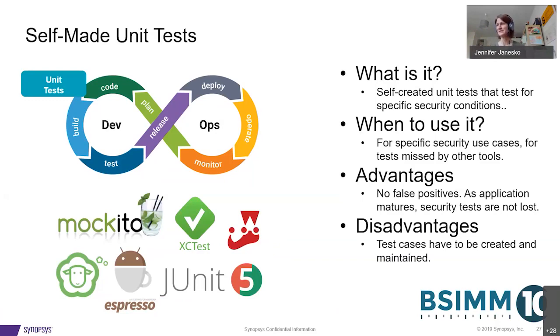So that's awesome. The other condition is sometimes automated scanners scan for slightly the wrong things, and they don't necessarily have the ability to extend. And so you might actually write a unit test case to test for some very specific kind of cross-site scripting vulnerability in your application to make sure that it doesn't show up again.